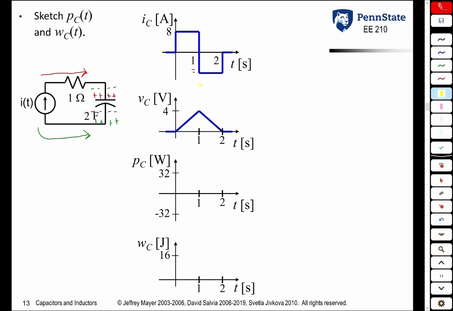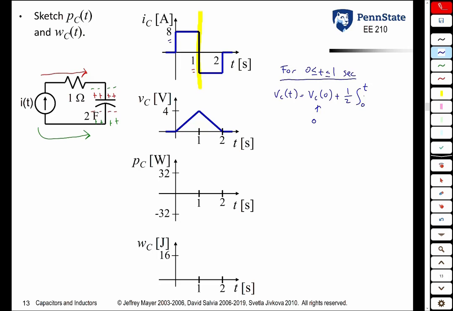And as before, we have two distinct times of operation, between 0 and 1 second and between 1 and 2 seconds. So for time between 0 and 1 second, we know the voltage across the capacitor is equal to the voltage at time 0, which was 0, plus 1 over C, which is 1/2, times the integral from 0 to t of iC(tau) d tau.